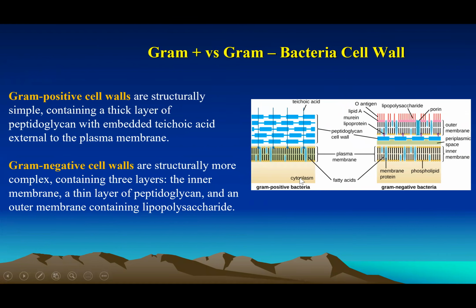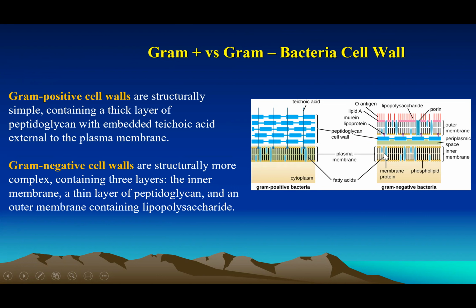Here's gram-positive bacteria, and you can see how the peptidoglycan layer is seen after the plasma membrane. So, a plasma membrane and a thick layer of peptidoglycan, and embedded in the peptidoglycan are the teichoic acid molecules.